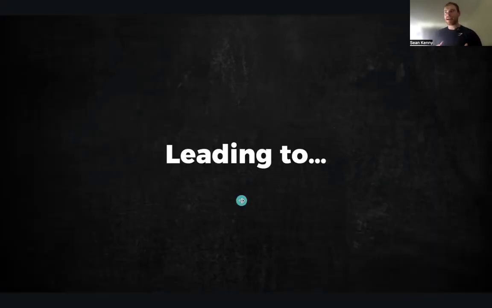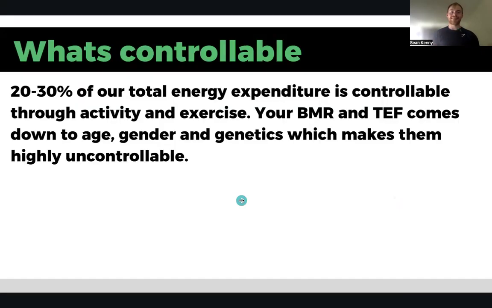And again, what does that actually lead to? It means that 20 to 30% of our total energy expenditure is controllable through activity and exercise. Your BMR and TEF come down to age, gender, and genetics, which makes it extremely hard or not possible to control.